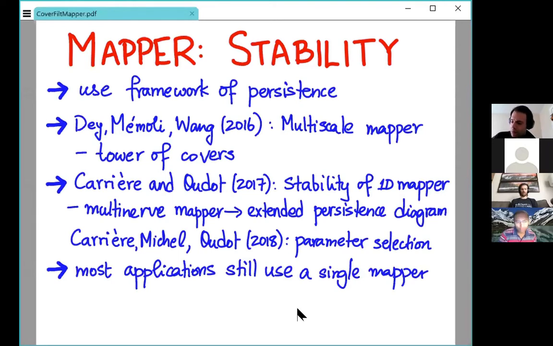At least no open source implementations of those algorithms are known. And people tend to, even now, try various parameters, look at which mapper looks quote unquote interesting or seems to reveal structure, and then they make their interpretations based on that.